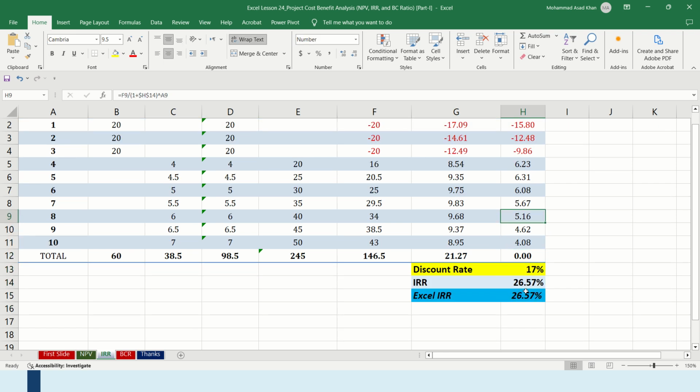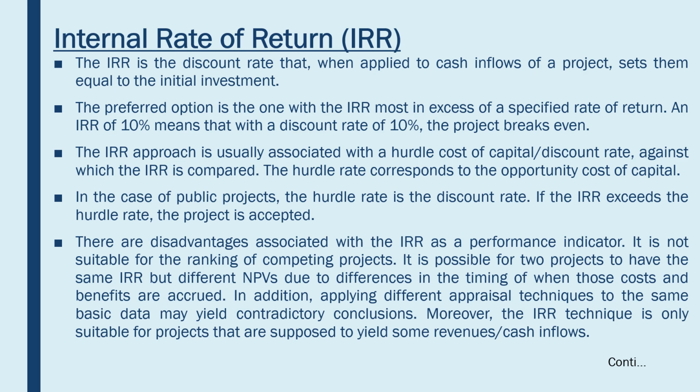So yes, in case of public projects, the hurdle rate is the discount rate. The second point, I am sorry, I forgot about it: the IRR approach is usually associated with a hurdle rate, a cost of capital discount rate, against which the IRR is compared. The hurdle rate corresponds to the opportunity cost of the capital.